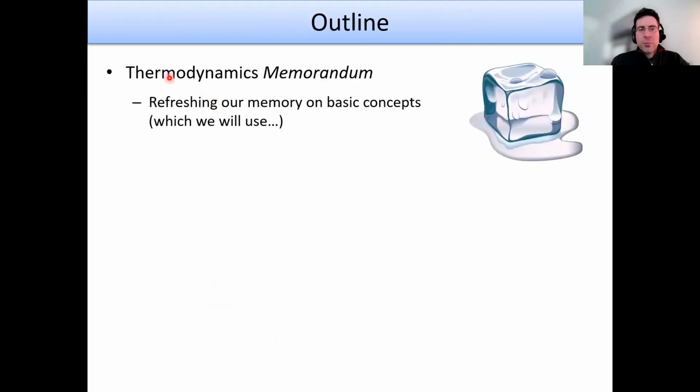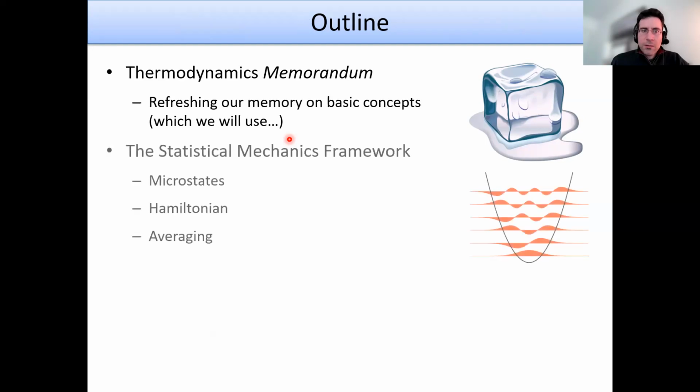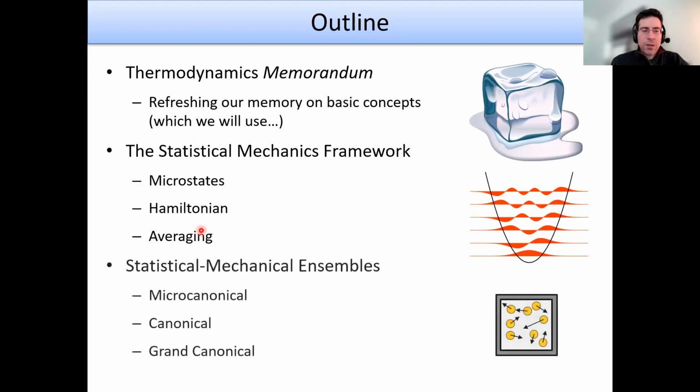So we're going to start with a refresher in thermodynamics, classical thermodynamics. And then we're going to talk about the statistical mechanics framework. So we will review concepts like microstates, Hamiltonian, averaging approaches. And finally, we're going to talk about ensembles, specifically 3 of them, which are quite popular, or probably the most popular ones.